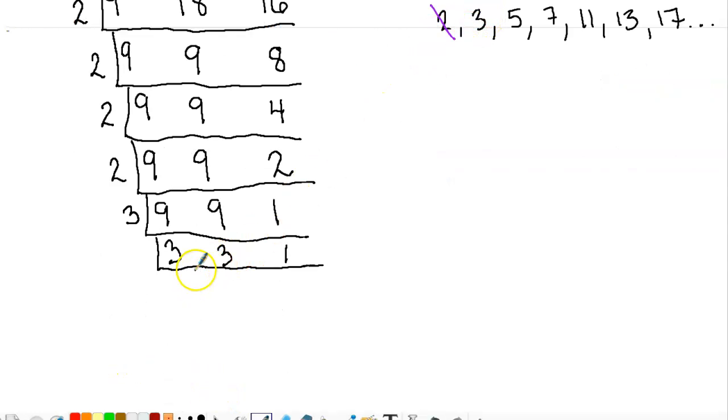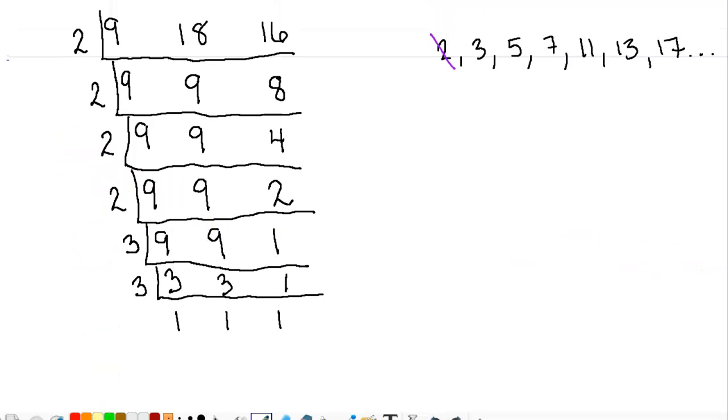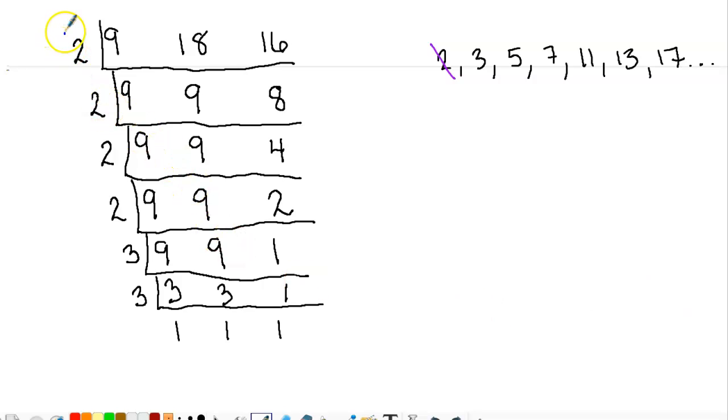I keep using 3 until it quits working, and I know that 3 will divide into itself. So I write a 3 out here. 3 into 3 is 1. 3 into 3 is 1, and I already had this 1. So I have the candles of that birthday cake, or 1s across the bottom of my ladder. That means I'm done, and the answer is right here along the side.